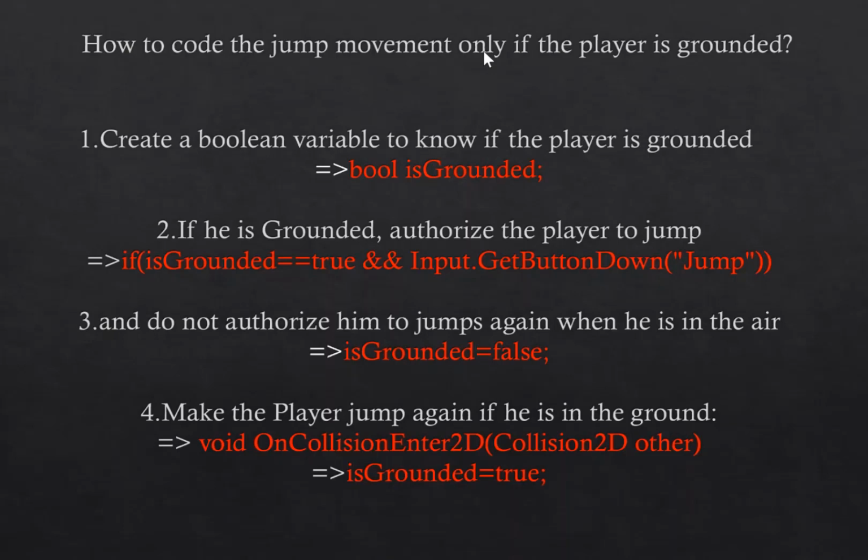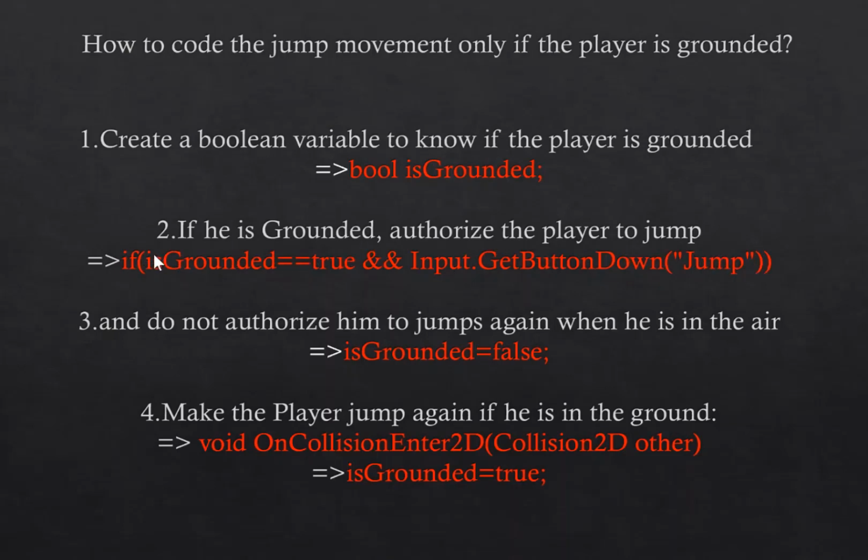Guys, to cut the jump movement only if the player is grounded, you must first create a boolean variable by typing bool, which is the type, and give a name like isGrounded. Second, if he's grounded, you must authorize the player to jump. So you have to write an if statement and inside put two conditions.